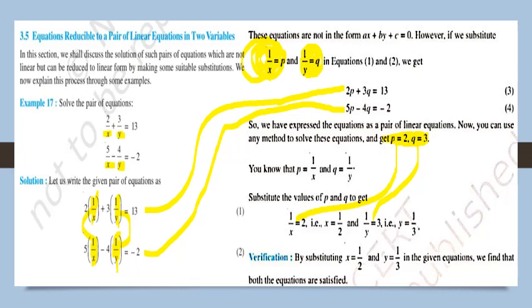Now with this, the first equation becomes 2p plus 3q equals 13, and then the second equation becomes 5p minus 4q equals minus 2.